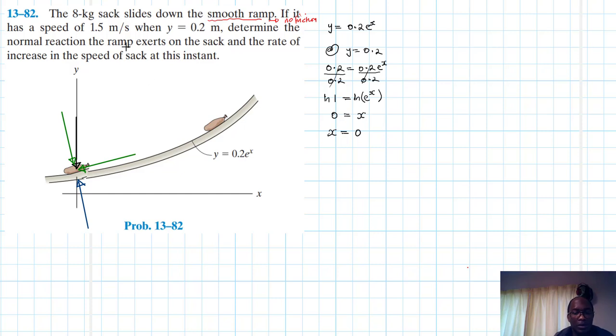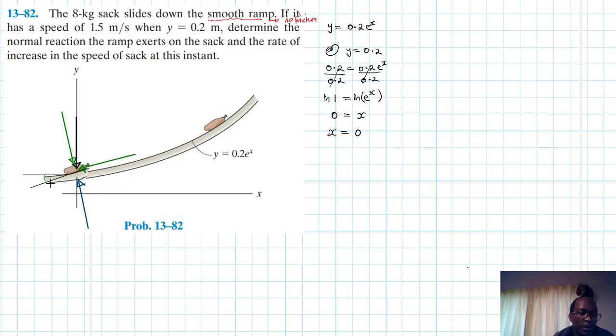And then we also need to find the angle with this tangential point. So there is this angle that we need to calculate.